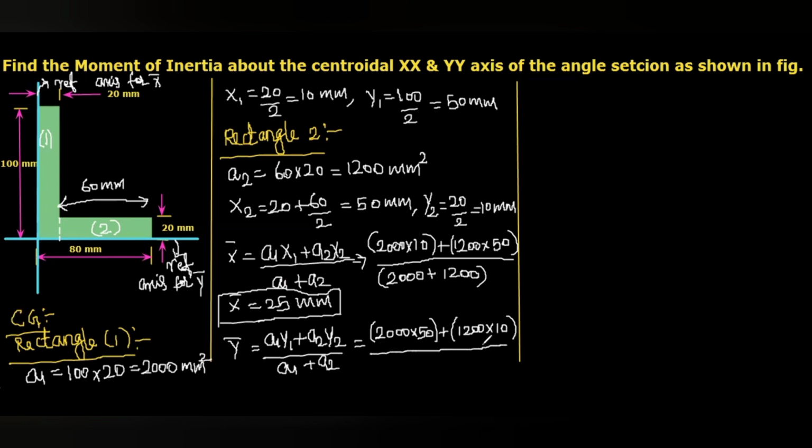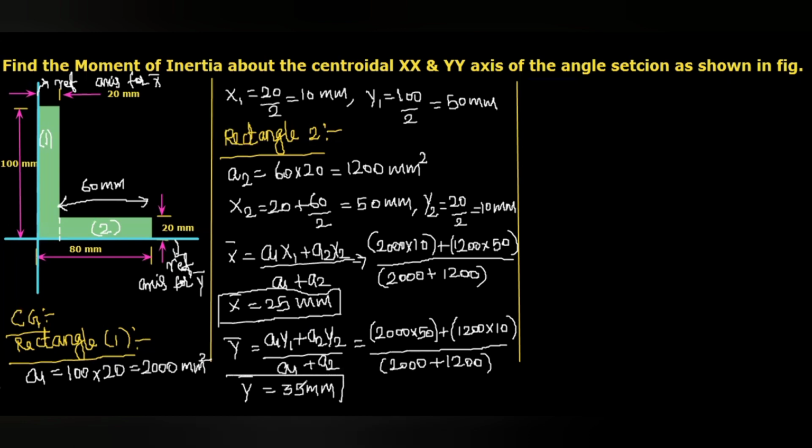The whole divided by A1, 2000 plus A2, 1200. When you simplify, we will get the y bar value, which is equal to 35 mm. So here we calculated x bar and also y bar.